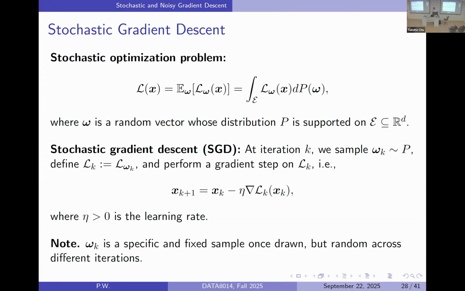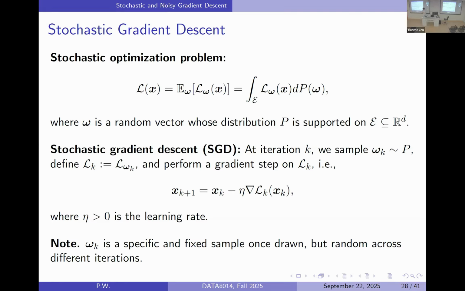But here we consider a very general form, the expectation, since if this W is the empirical distribution over samples, you will get the finite sum form.